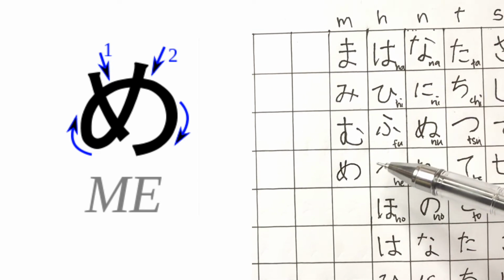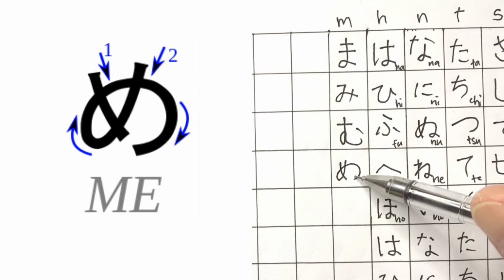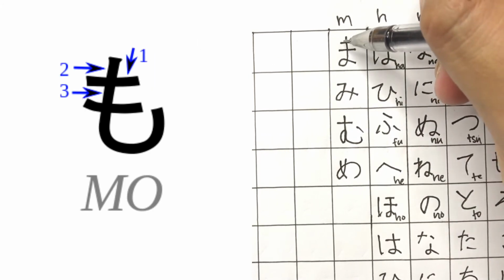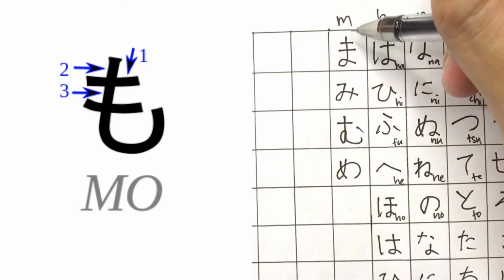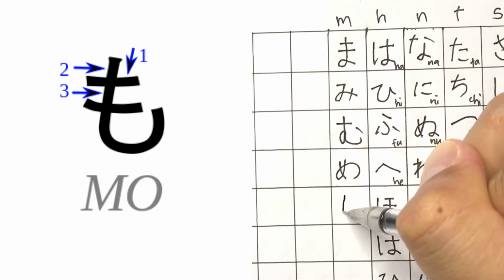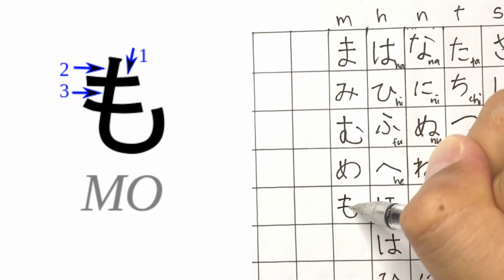So notice the difference between me and n is this part. Okay, last part is mo. In ma character we start with the 2 lines, but on the mo character we start with this one, then lastly the 2 lines.